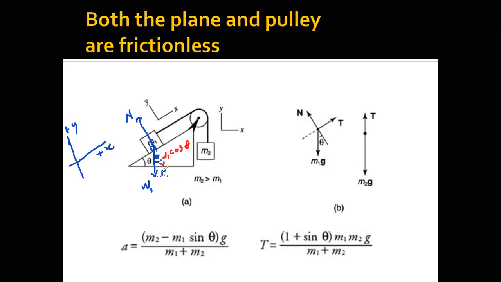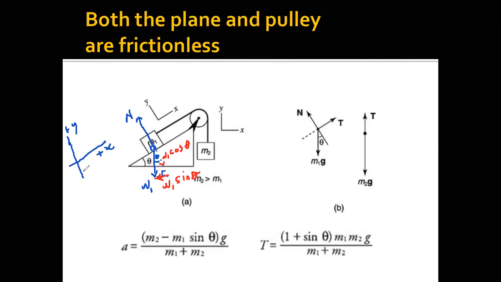This is coming down, and then this side is going forward. Let me draw it well. This one is that way. This is W1 sine theta, because it's the opposite side.